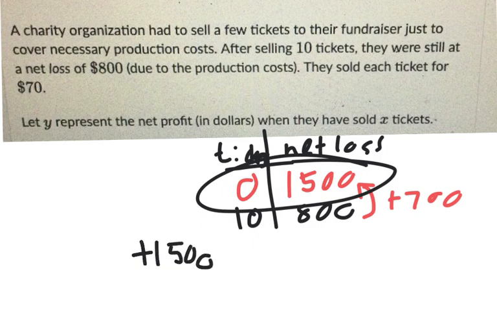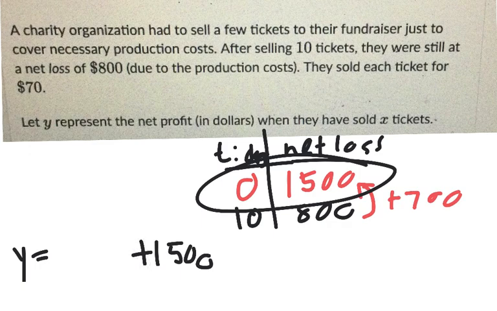And then what's happening? If y is their net profit, because we're looking at profit, this is going to be negative 1,500 because that's what we have lost.